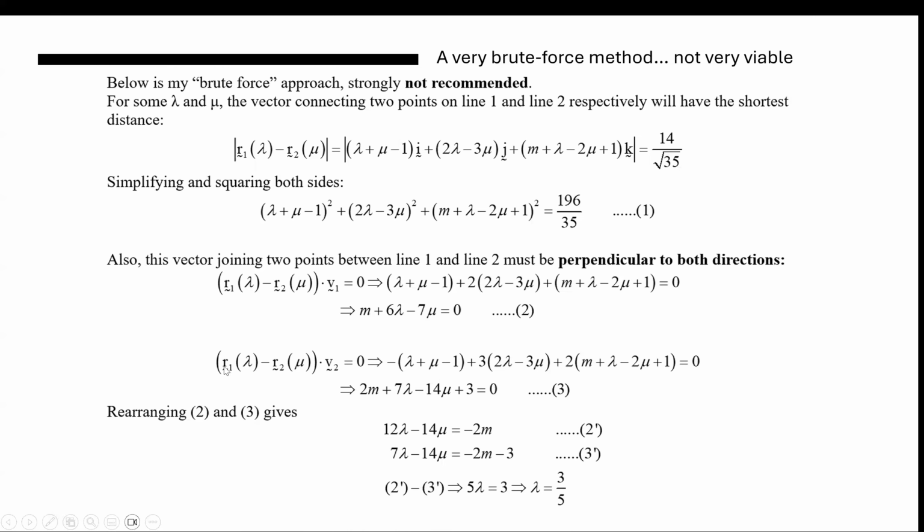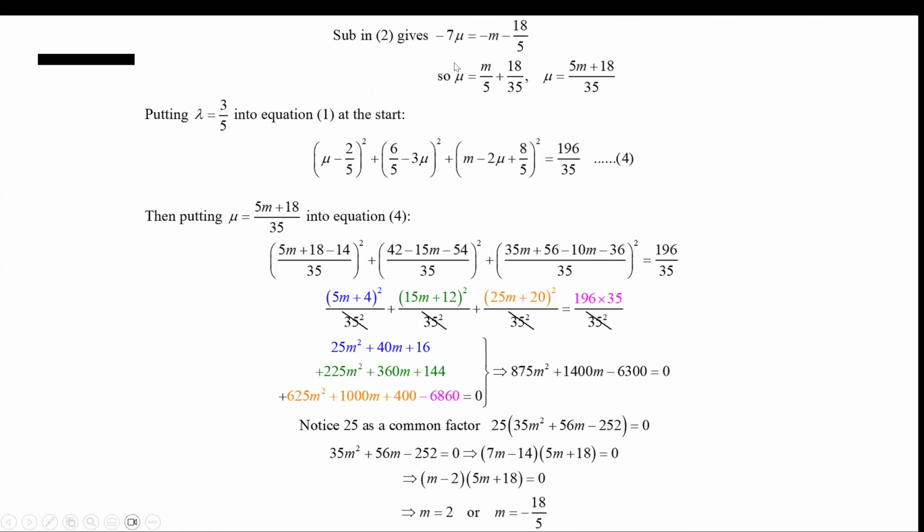Similarly, I take R1, take R2 dot V2, and I get another equation. And after 2,000 years later, I'm able to find some sort of a lambda value using this equation and another equation. For example, you can get a lambda value, then sub the lambda value into one of the equations to get a mu in terms of m.